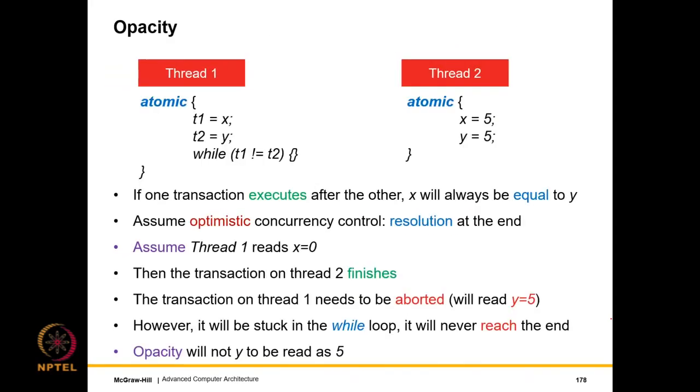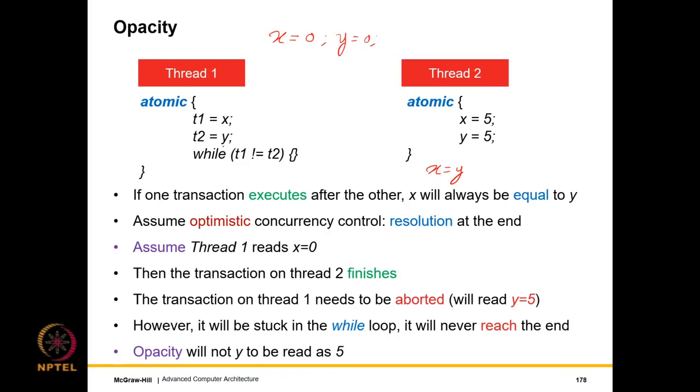So let us study this in the context of an example, to study opacity. Let's look at two atomic blocks. Initially, as is our convention, x is initialized to 0 and y is initialized to 0. The second transaction sets both equal to 5, which means at the end of this, x is equal to y.